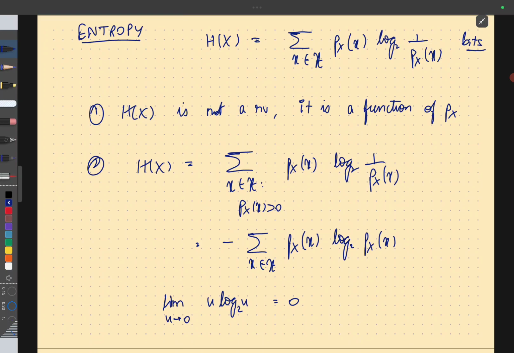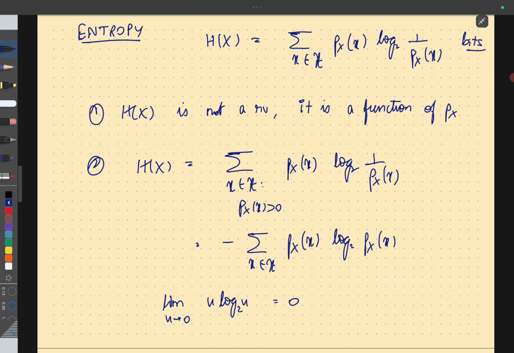Towards the last part of the previous lecture, we looked at various properties of the entropy, and today we'll look at some more properties of the entropy. So the entropy is, by definition, h of x equal to the summation over all possible x in the source alphabet of p of x log 1 over p of x.